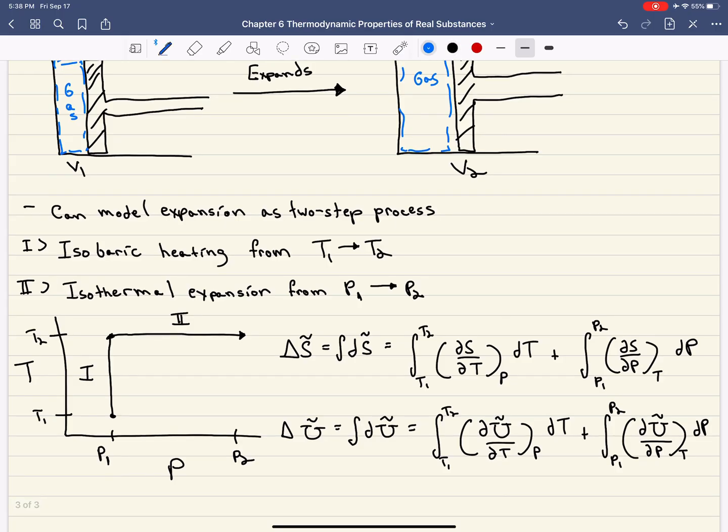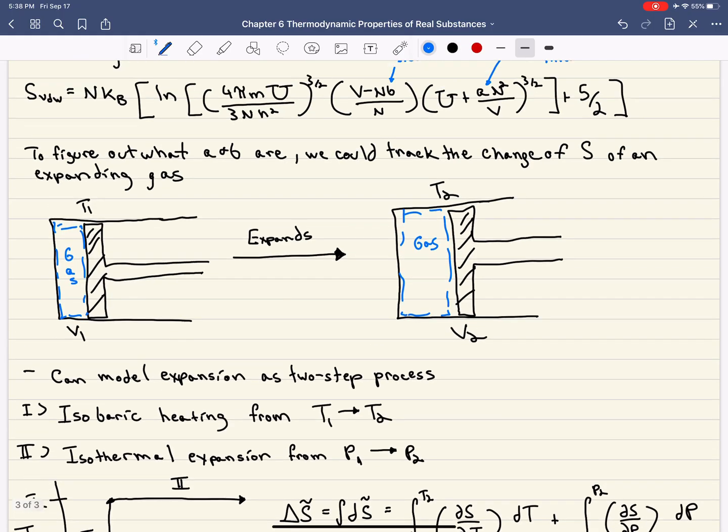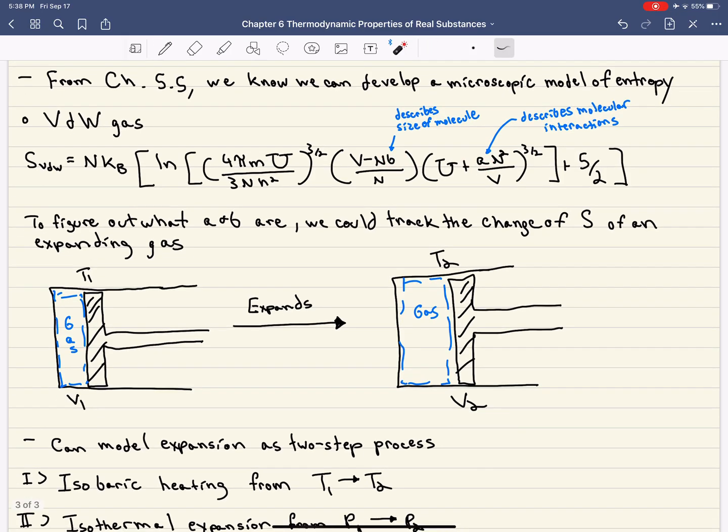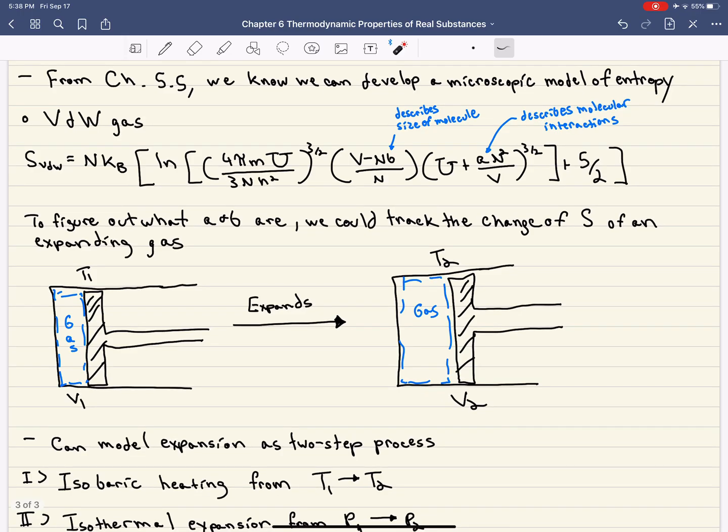Once again, the goal here is we want to figure out what B and A are for the gas. These are constants that give us information about how big our molecule is and also how these molecules are interacting.